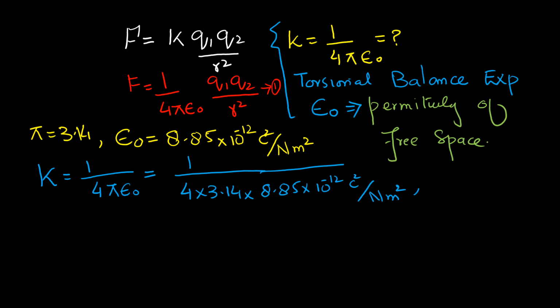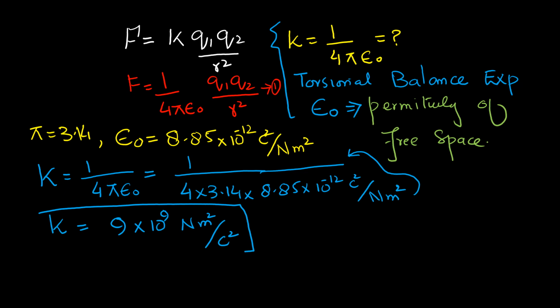So this Coulomb square per Newton meter square will come upward. If we do a mathematical calculation, we can get K is equal to 9 into 10 raised to power 9 Newton meter square divided by Coulomb square. So this is the value of Coulomb constant.